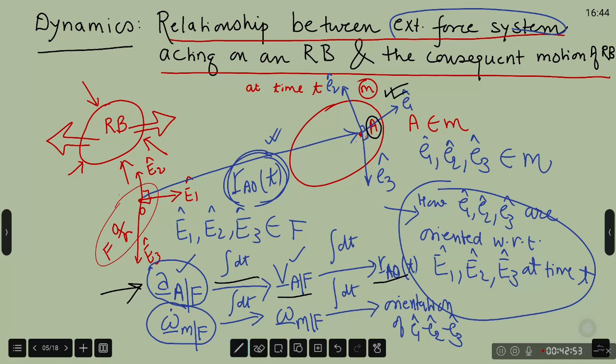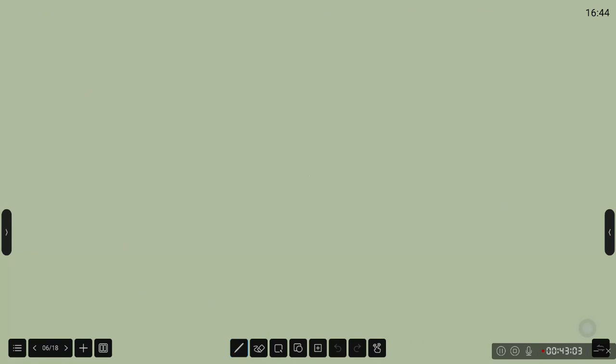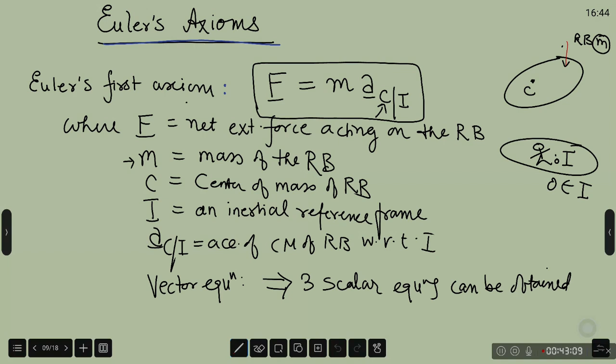Given a force system, what will be the motion of an RB, that story or relationship is ingrained in these two axioms. We will use it extensively during the remaining part of the course.